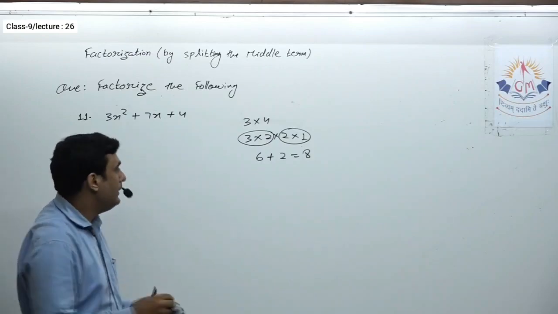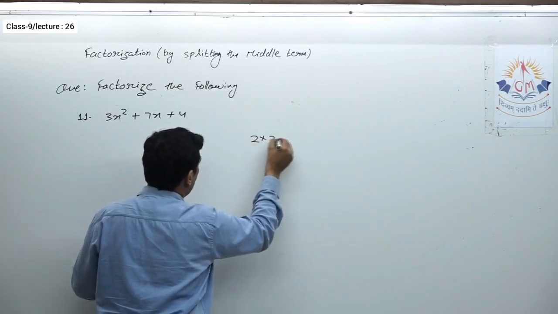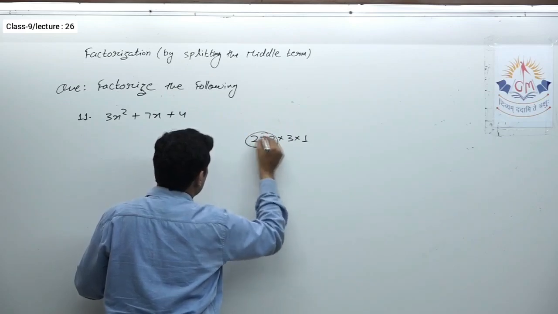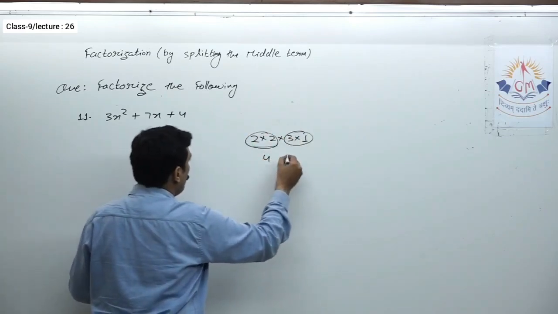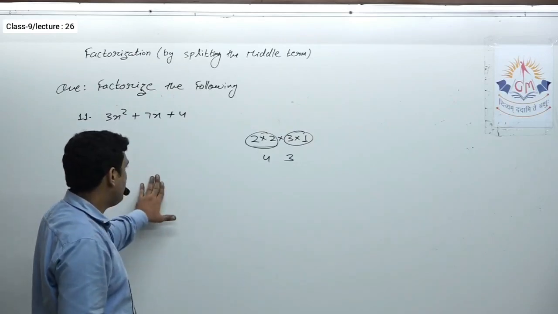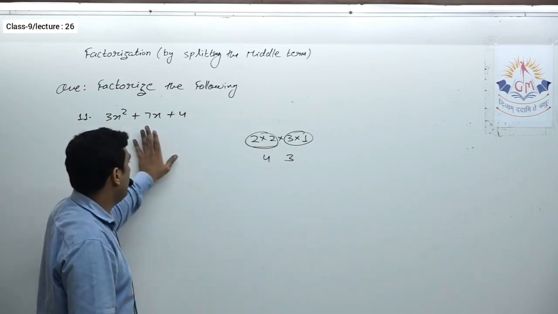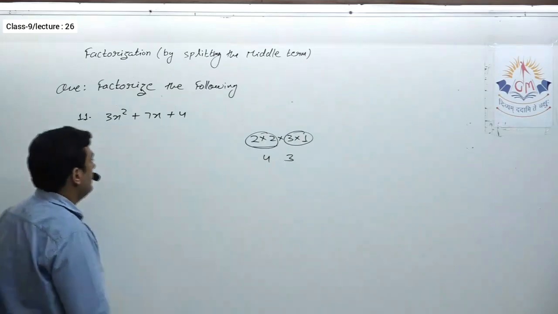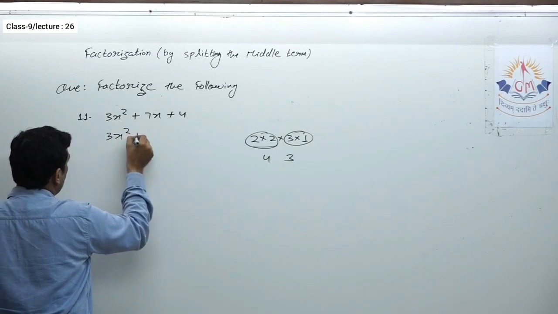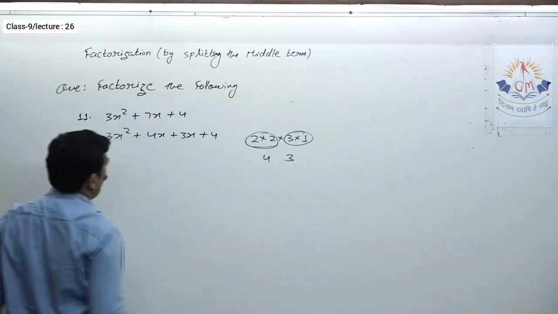That means this is the incorrect combination. Factors were 2 multiplied by 2 multiplied by 3 multiplied by 1. Now if I take these two together and these two together, this gives me 4, this gives me 3. Now 4 and 3, definitely you can see their sum is 7. So, it is also a positive sum, so here I write 3x square plus 4x plus 3x plus 4.